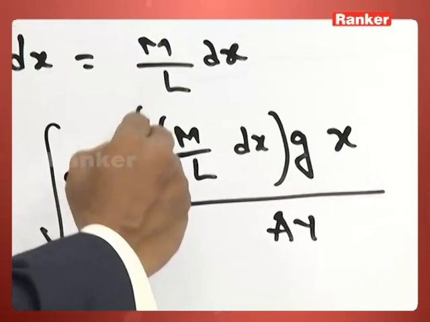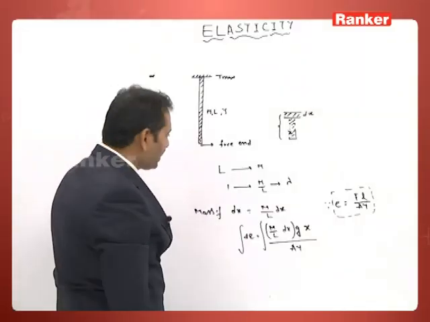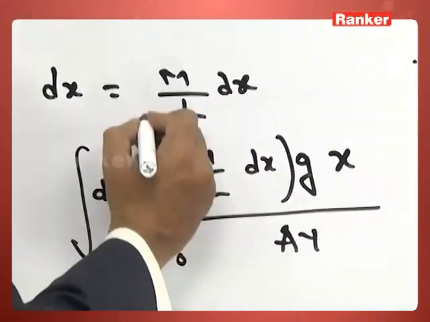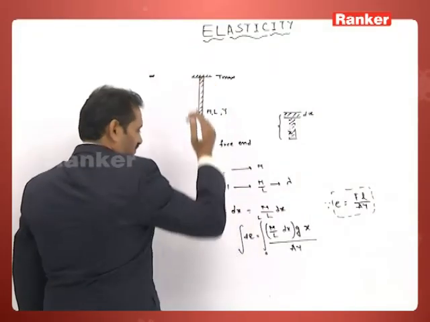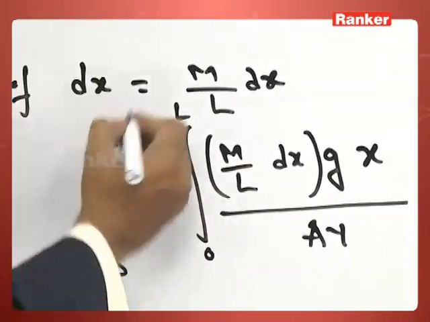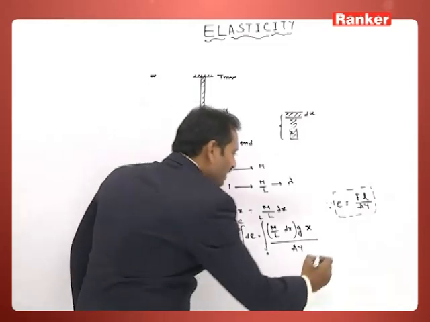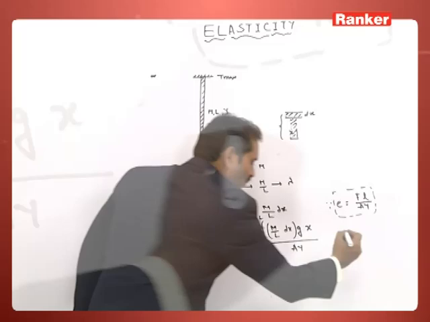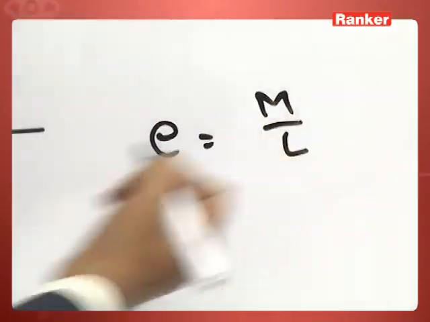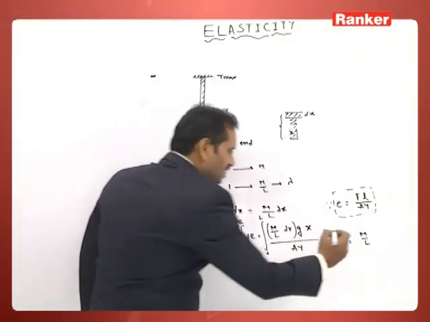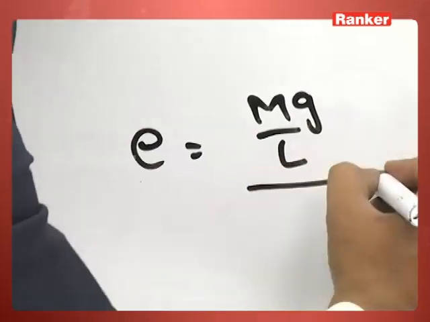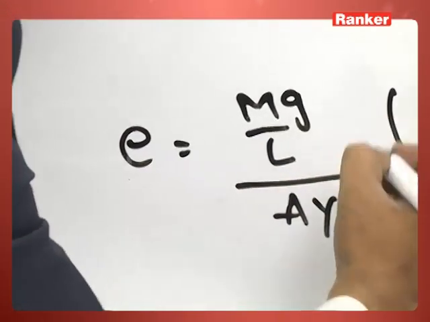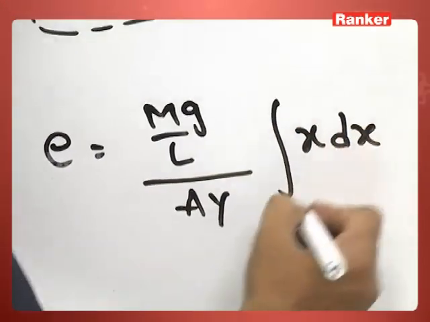Integrating on both sides, the limits are 0 to L for x, and 0 to E for the extension. Then I get E equals, bringing the constants out, M by L, g is also constant, by AY into integral of x dx.